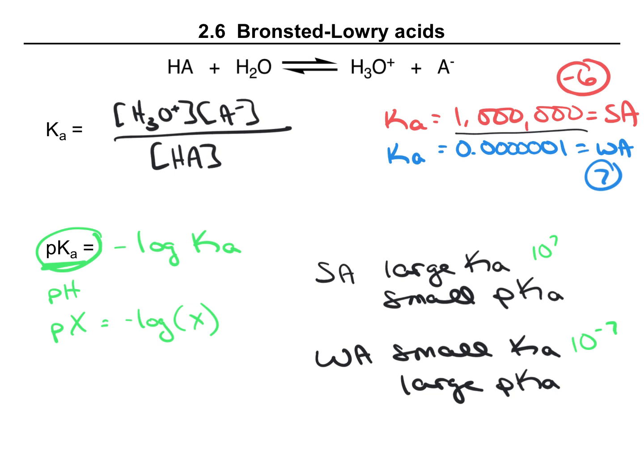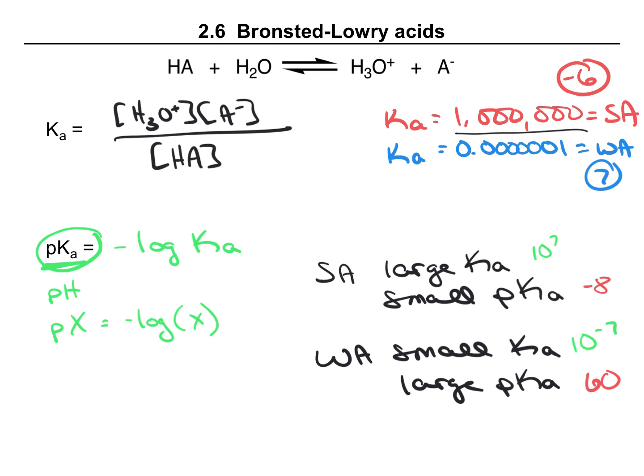But when it comes to pKa, some of the strongest acids that I can think of offhand would have a pKa of about -8, and some of the weakest acids have a pKa of about 60. So it gives you a very broad range, but not as huge as what we have for Ka.